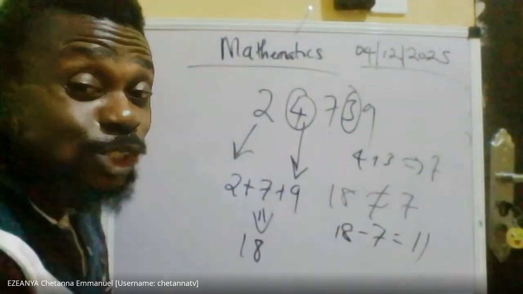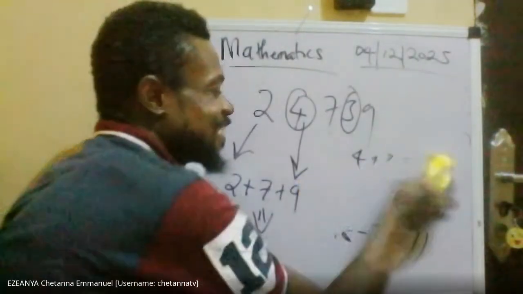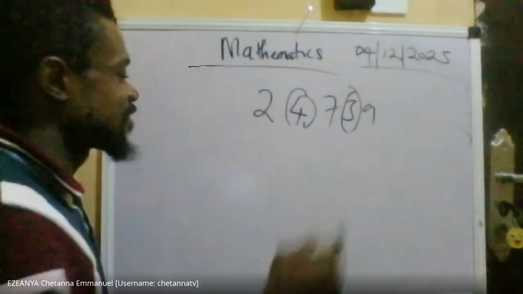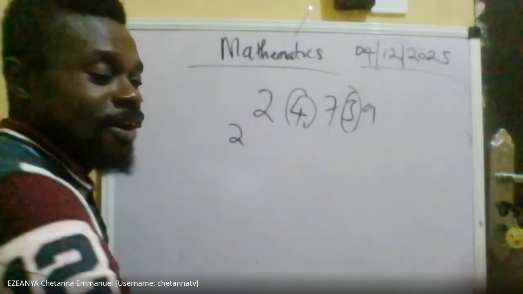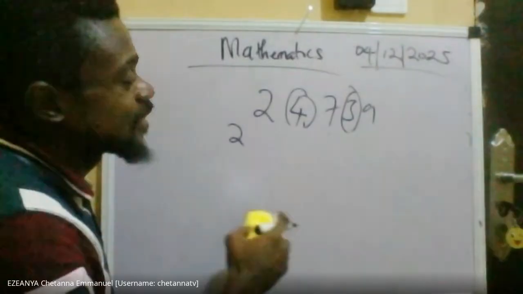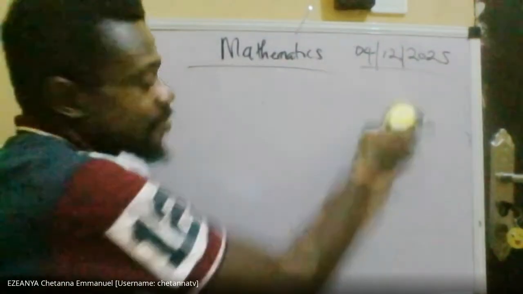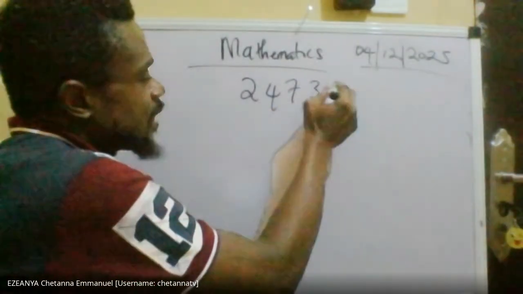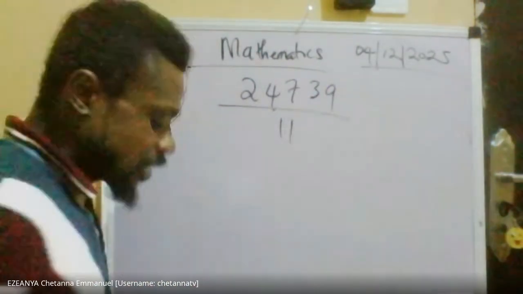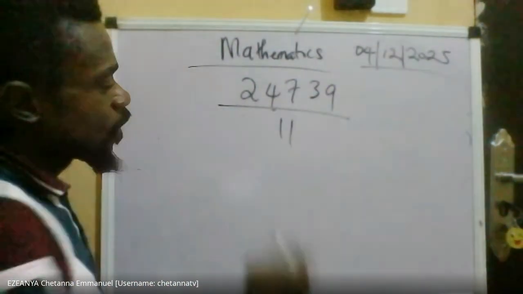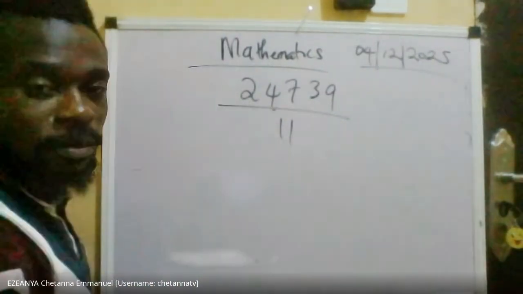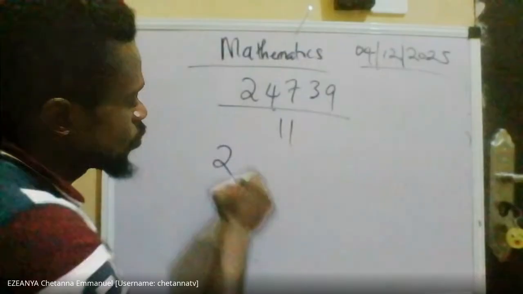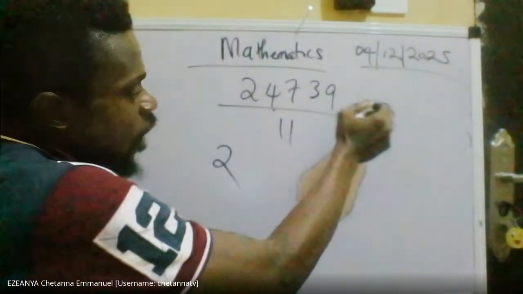Let's check whether it's true. 24,739 divided by what? 11. Let's go. 11 divided into 24 is 2. Remember, all this here is in base 10.